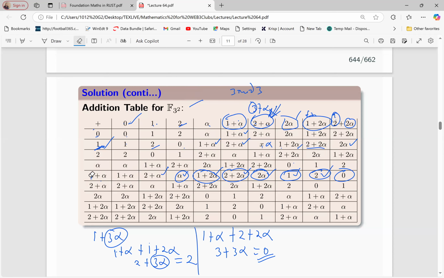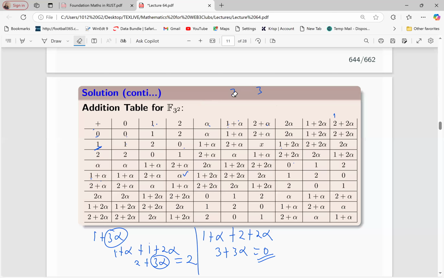Now, again, you can see that every element has an inverse under addition. Under addition, we already said that the inverse of A is B if the sum of A and B gives you the additive identity element 0.